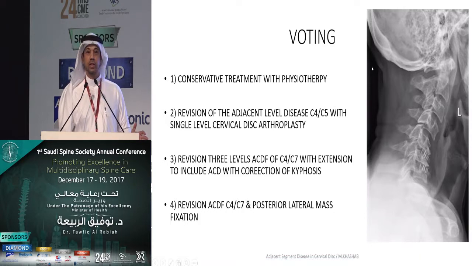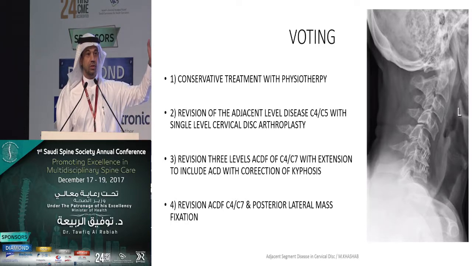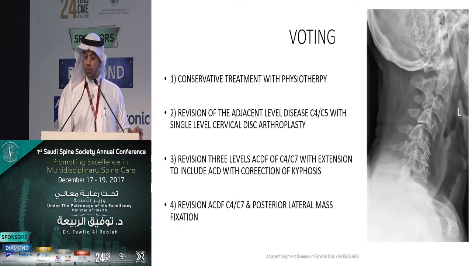All right, so we got about 6 among the audience. Number 2, revision with a disc replacement at the adjacent level disease. Who would like to go with that option? So we've got 3. And number 3, who wants to revise with correction of the kyphosis with additional ACDF from C4 down to C7?